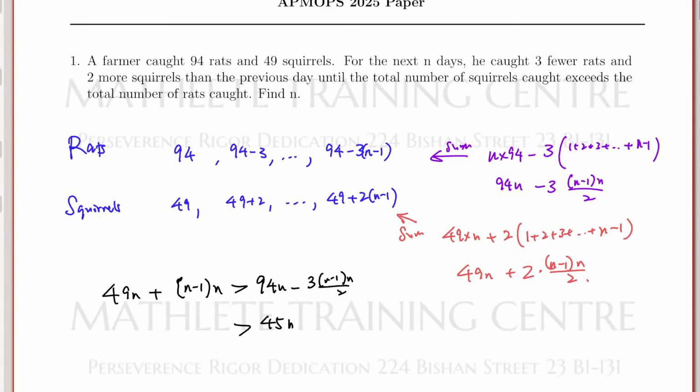Moving things to one side, 94n minus 49n equals 45n, and moving the other term to the left, this will be 5 over 2 times (n minus 1) times n. Now we can delete the n, so 5 over 2 times (n minus 1) is bigger than 45. Dividing by 5 and multiplying by 2, n minus 1 must be bigger than 18. So n must be at least 20, because I want the squirrel count to exceed the number of rats caught. This is the answer for the first question.